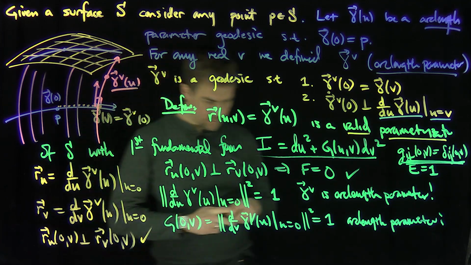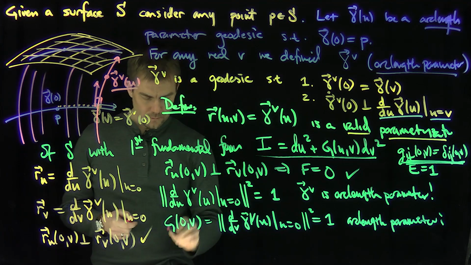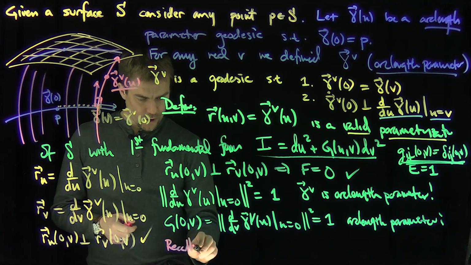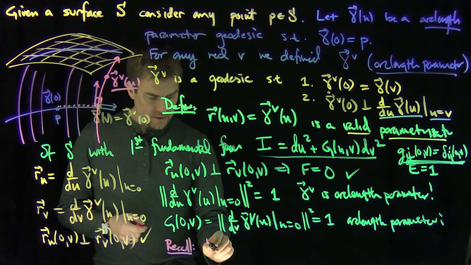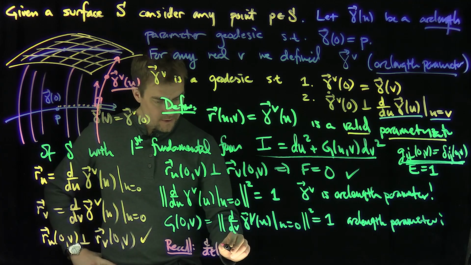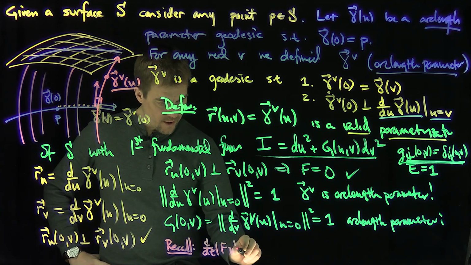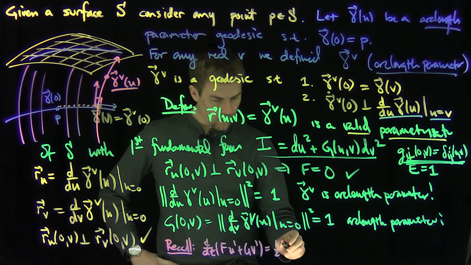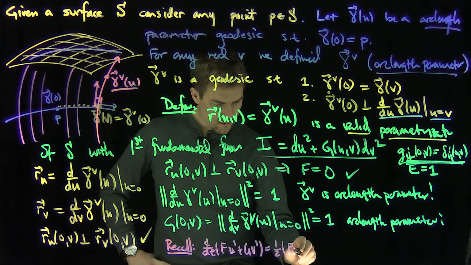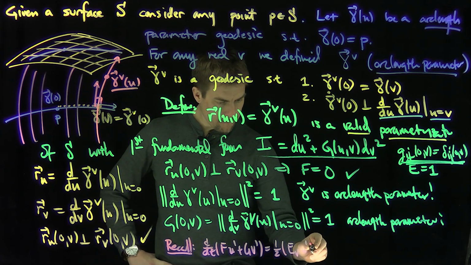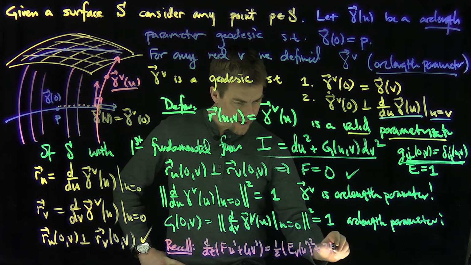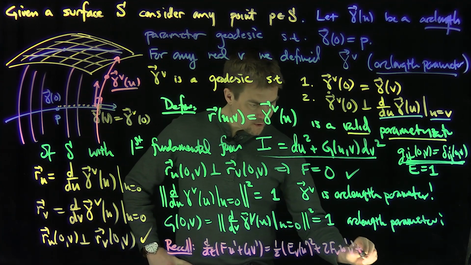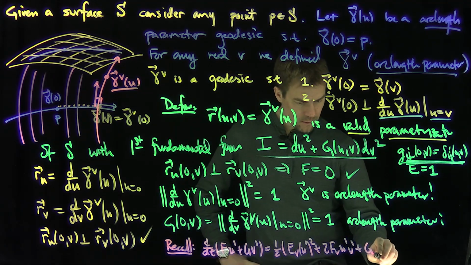We're in the geodesic frame now. So the geodesic equations over here are d/dt of F u prime plus G v prime, equal to 1/2 times (E_v u prime squared plus 2 F_v u prime v prime plus G_v v prime squared), like this, right?